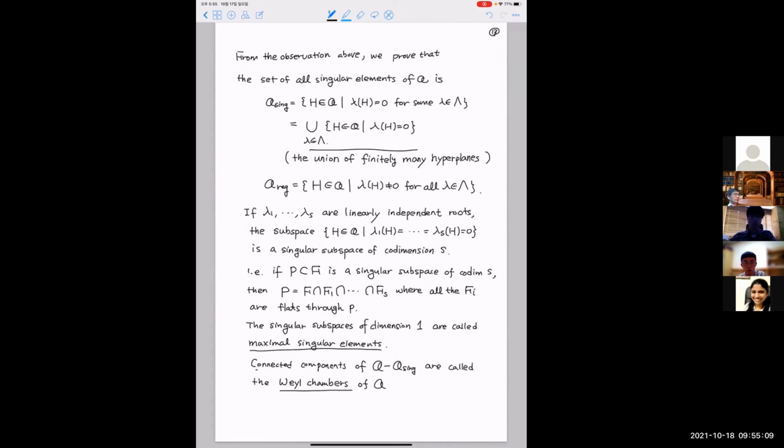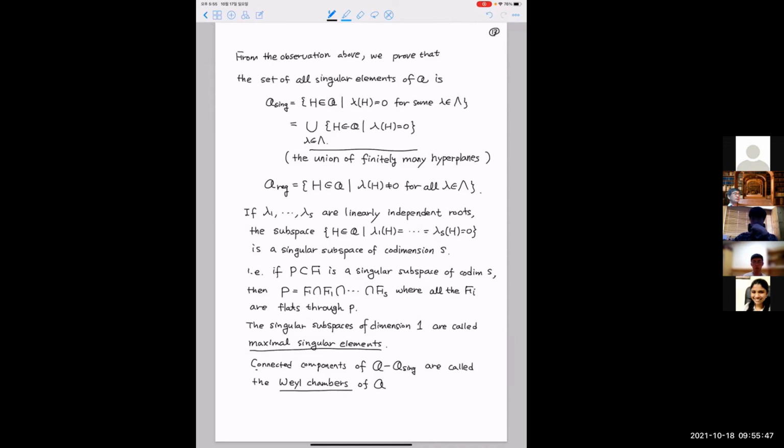If you have linearly independent roots lambda 1 through lambda s, then you can intersect the hyperplanes corresponding to each root. Then it gives a singular space of codimension s. Conversely, a singular subspace P of codimension s is written as the intersection of maximal flats.